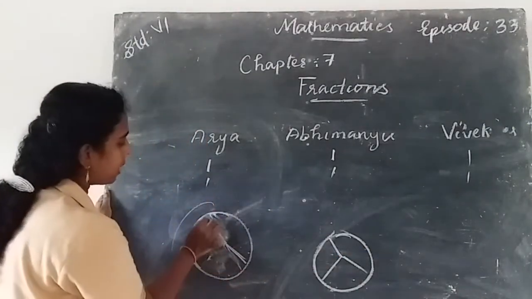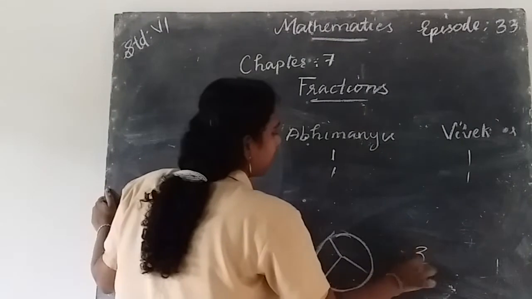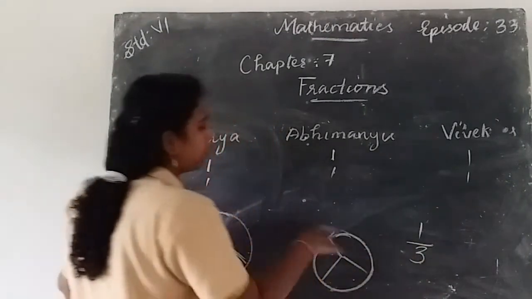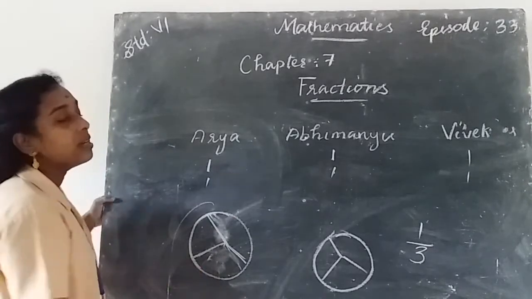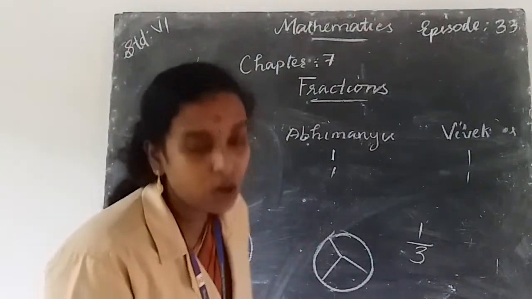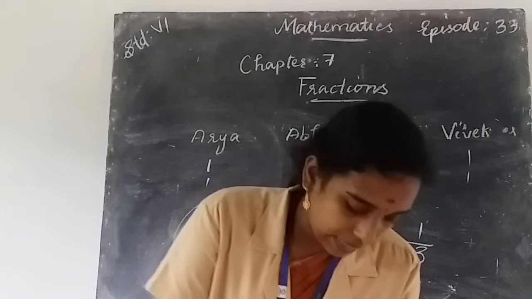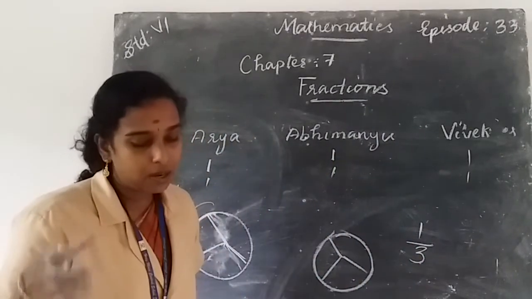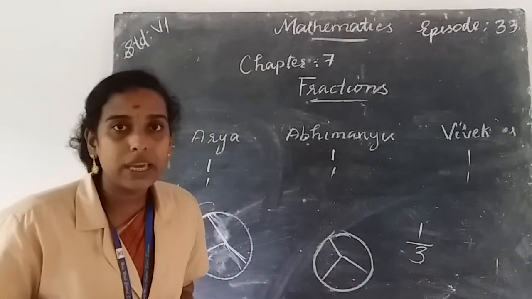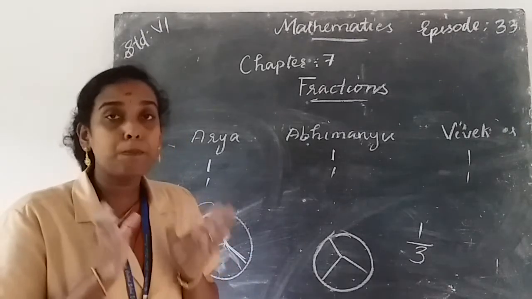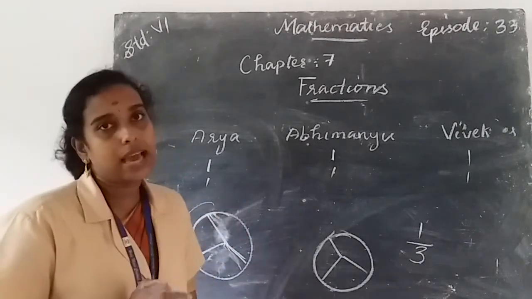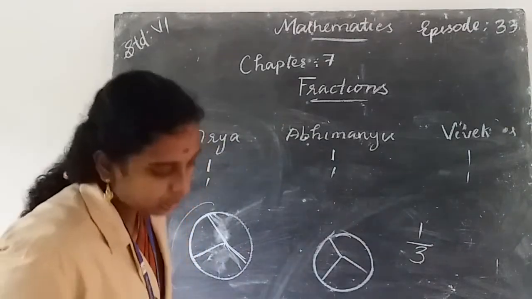The sandwich is equally divided into 3 parts, and each boy gets 1 part from each sandwich. So they get 1 by 3 of the sandwich. So the fraction is 1 by 3. Each boy receives 1 by 3 of the sandwich. Okay. Then the next question.